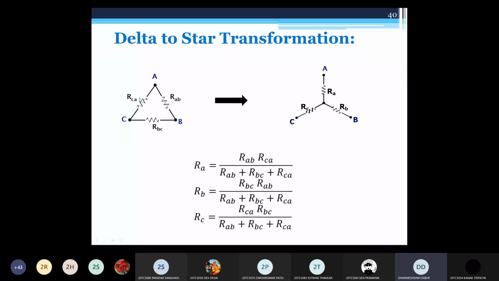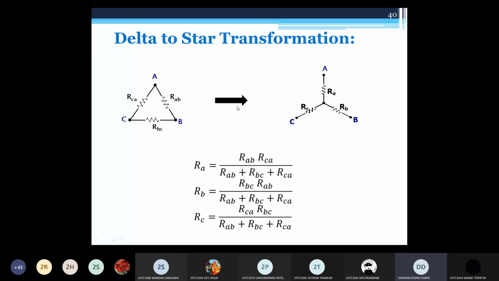All of you must draw this figure and then after that write down this equation. So you can understand that this is a delta to star conversion. RA, RB, RC, that is the resistance of the star connection. RAB, RBC, RCA, that is all the resistance of this delta connection. So first draw this figure and then after that write down this equation.